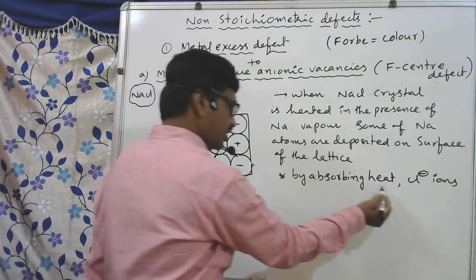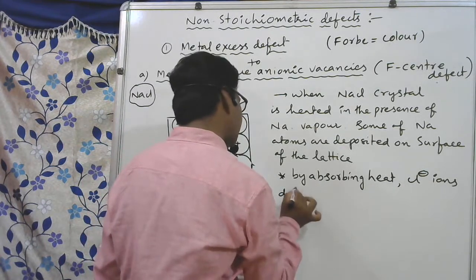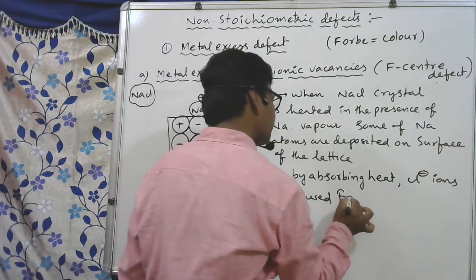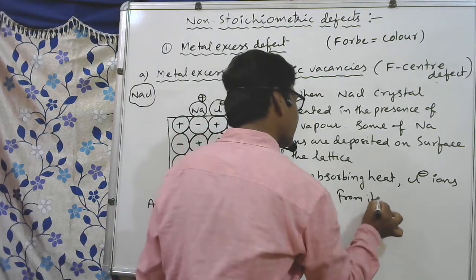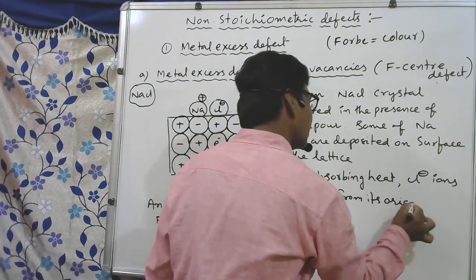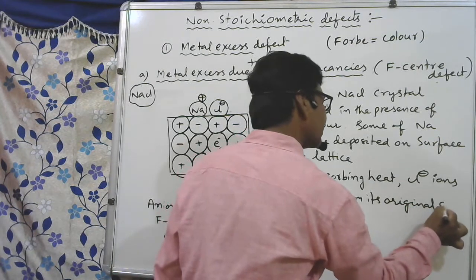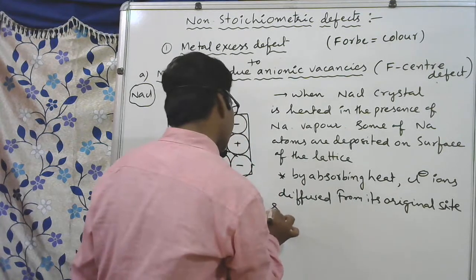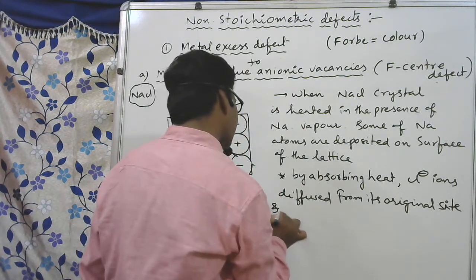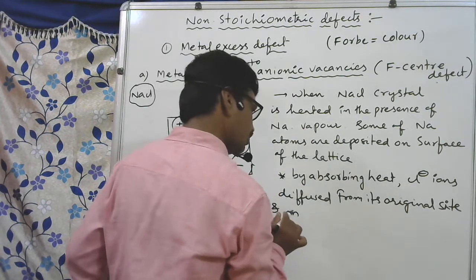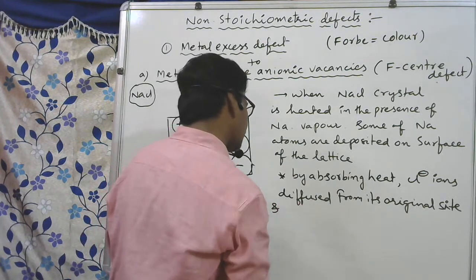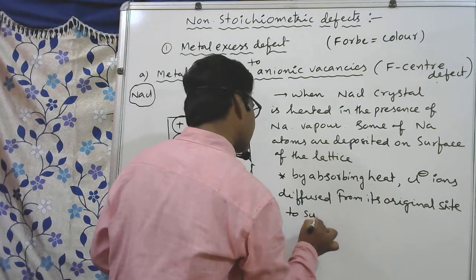By absorbing heat, the Cl minus ion diffused from its original site to the surface.